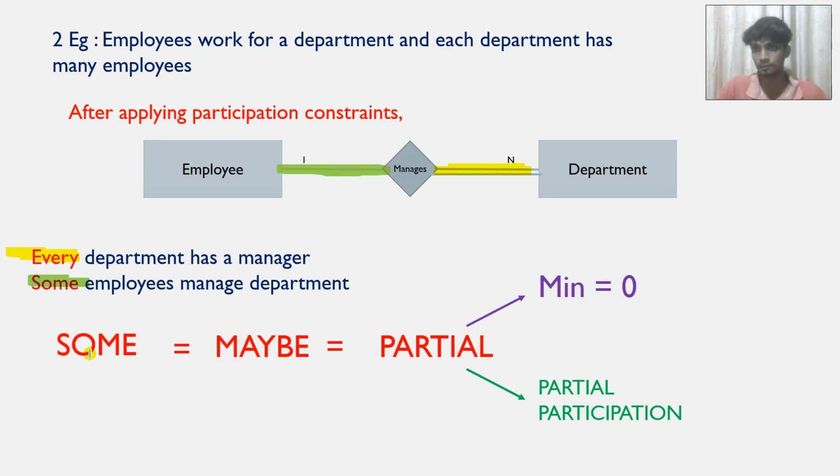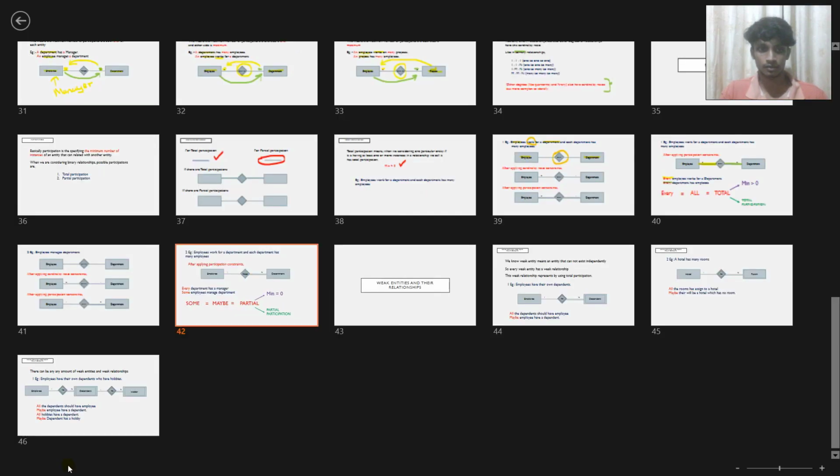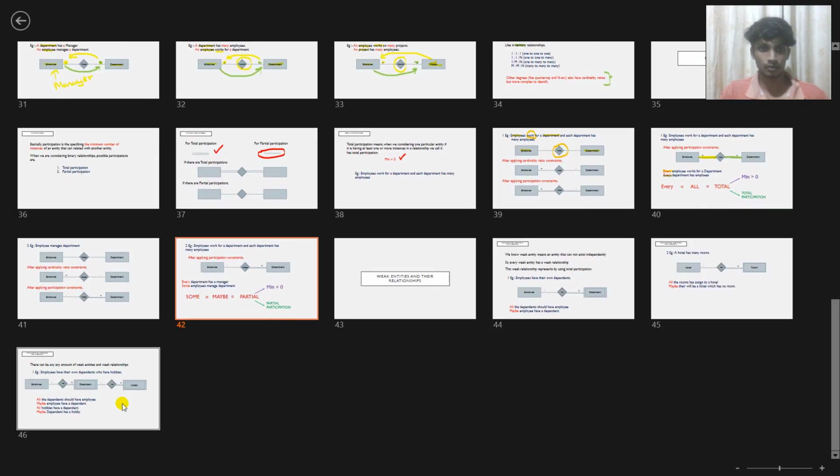So their participation is equal to 1. If there are, let's say, 5 managers, their participation will be 5. But in a work area of, say, 100 employees, the rest of the 95 will be just employees, so they are not managing departments, so their participation will be 0, so the min will be 0. Basically it's a partial participation, and I think that is what we have to talk about for partial participation.